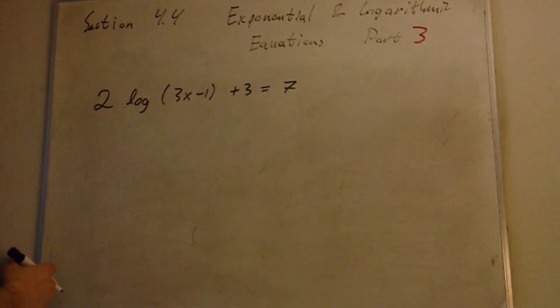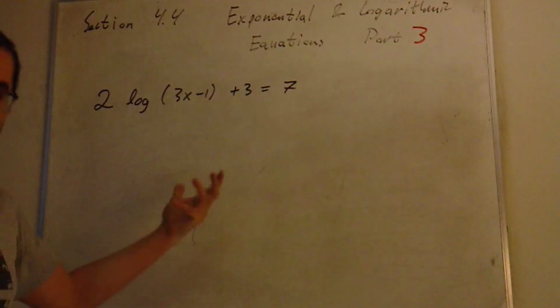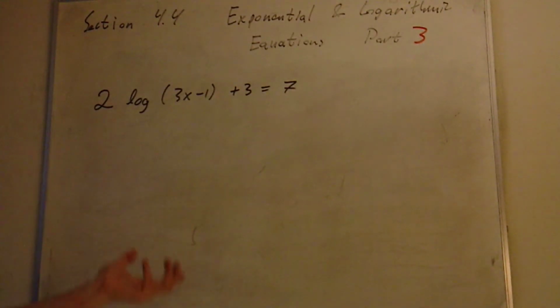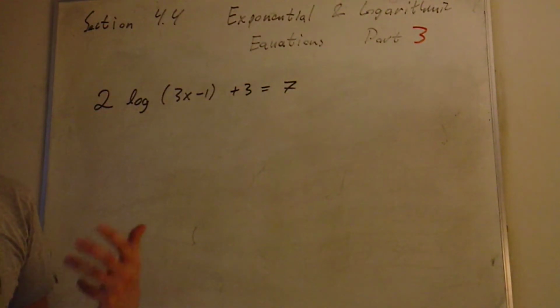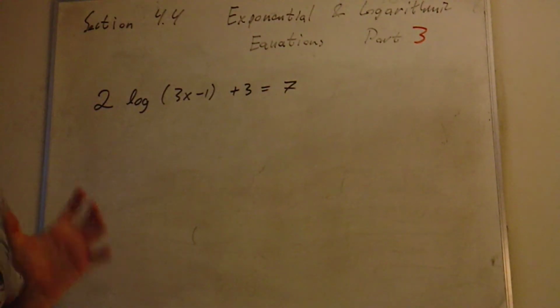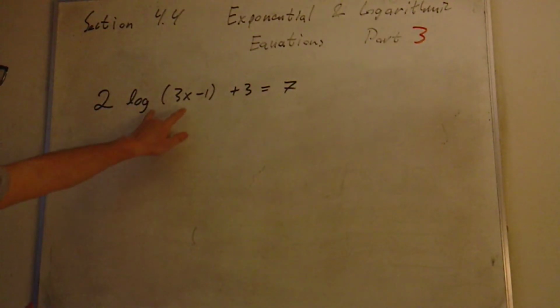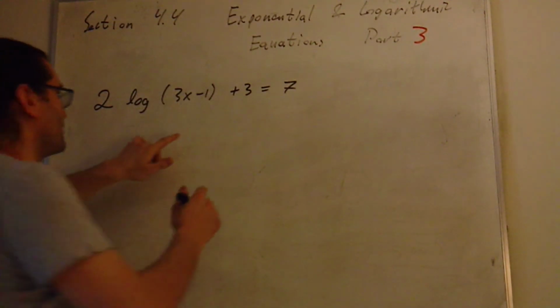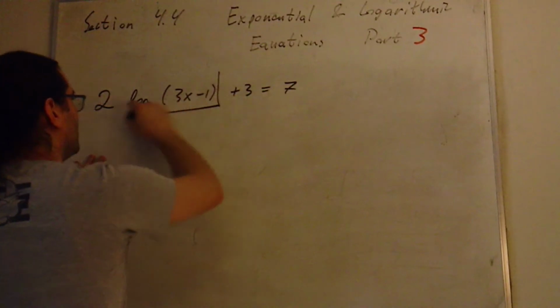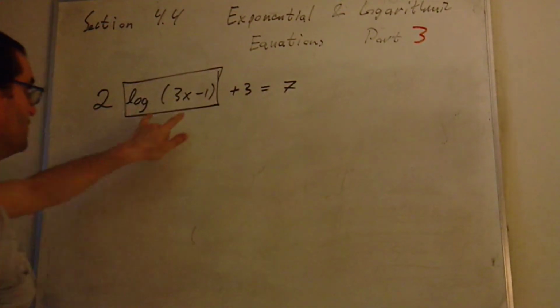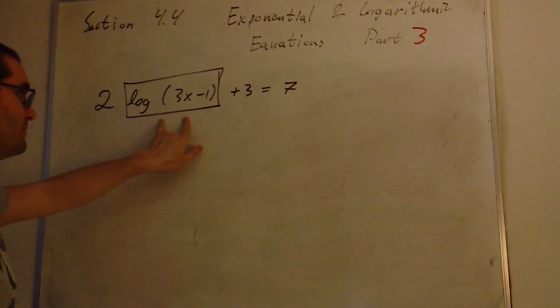And the moral of this particular story is, the trick that we've been using to transform a log equation into a linear equation only works when the log piece is isolated. We can't do that here because this 3 is in the way, this 2 is in the way. First we have to clear out the 3 and the 2 so that just the log piece is isolated.